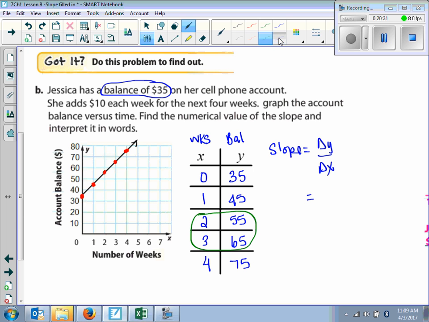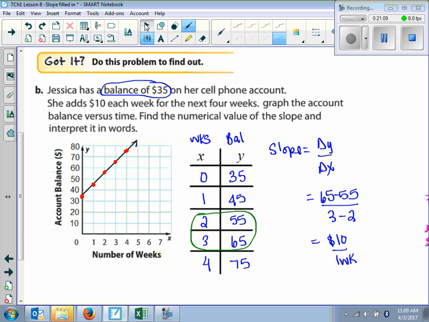When we subtract for the delta y, we have 65 minus 55 over the delta x, which is the change in the x values, so that's 3 minus 2. Just like what it said in the notes here, 65 minus 55 is 10, and that represents the balance, right? So that's $10 over 3 minus 2, which is 1 week.